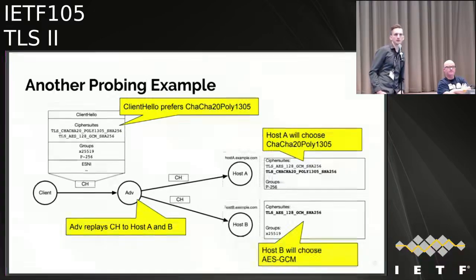Yes. I mean, there's a basic problem that is certainly correct. I think David and Benjamin and I were talking about this last night. It's certainly the case that just by watching how the server responds, you can learn whether it's A or B, because you learn whether it chooses GCM or Poly1305. So as a practical matter, for these cipher suite attacks, they have to behave identically, or, probing aside, observationally, if I have the connection go through, I can tell which one it chooses.